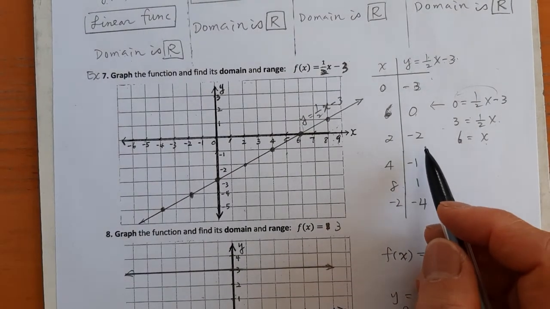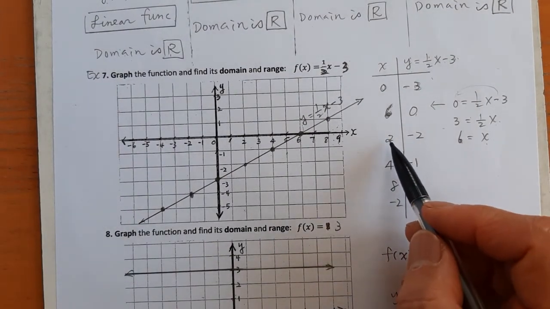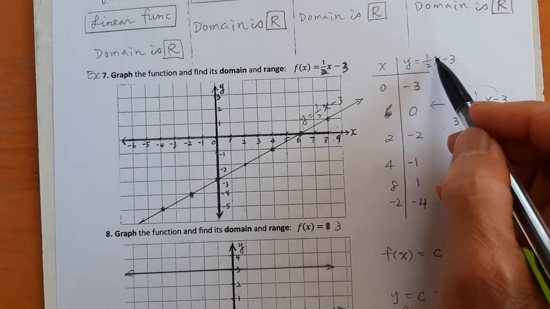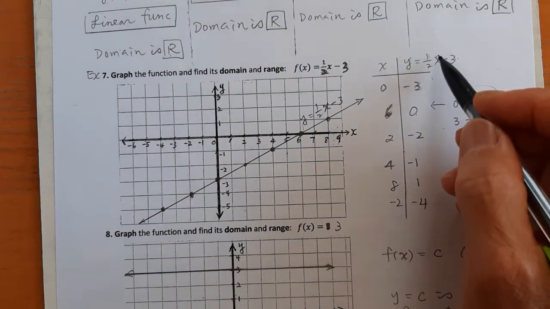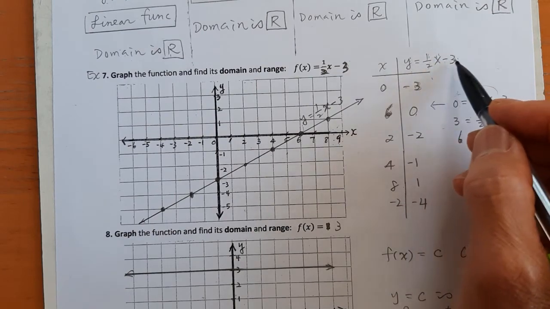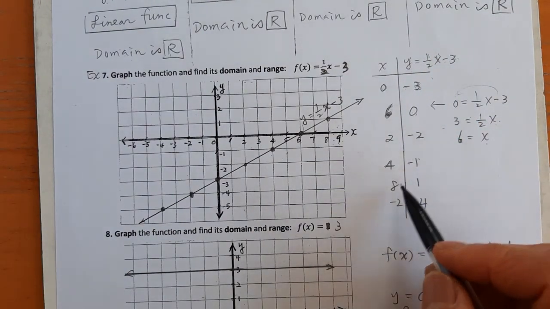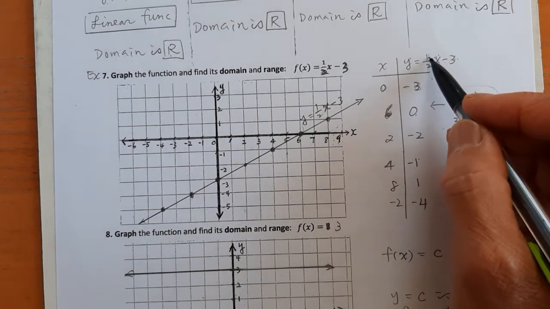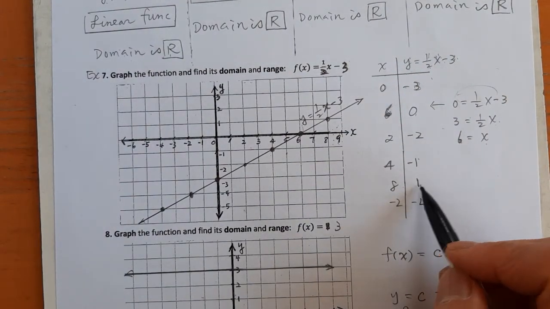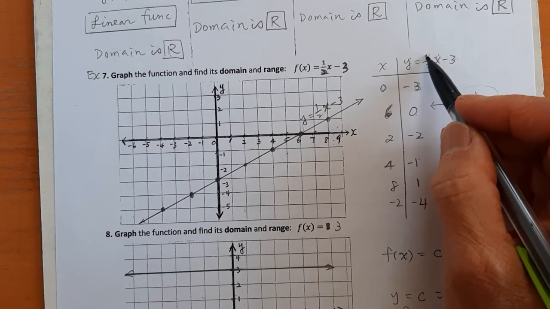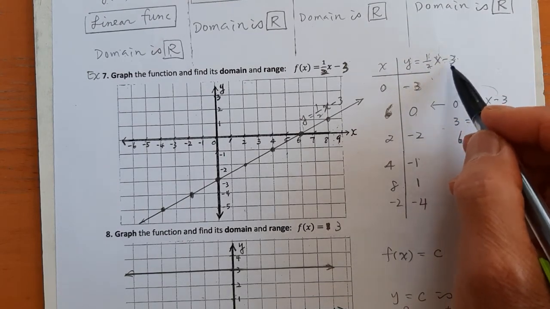You can also find other points. Like x equals 2: 1/2 times 2 is 1, minus 3 is negative 2. Like x equals 4: 1/2 times 4 is 2, 2 minus 3 equals -1. Like x equals 8: 1/2 times 8 is 4, 4 minus 3 equals 1. Like x equals -2: 1/2 times -2 is -1, minus 3 is -4.